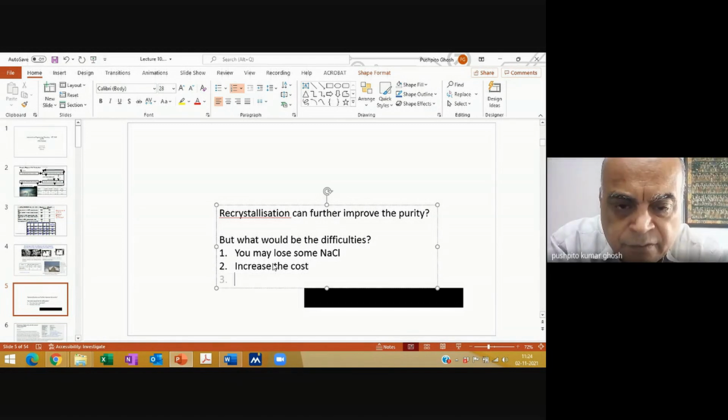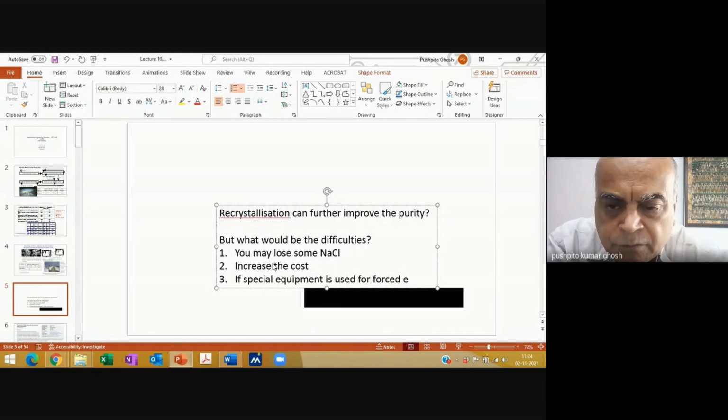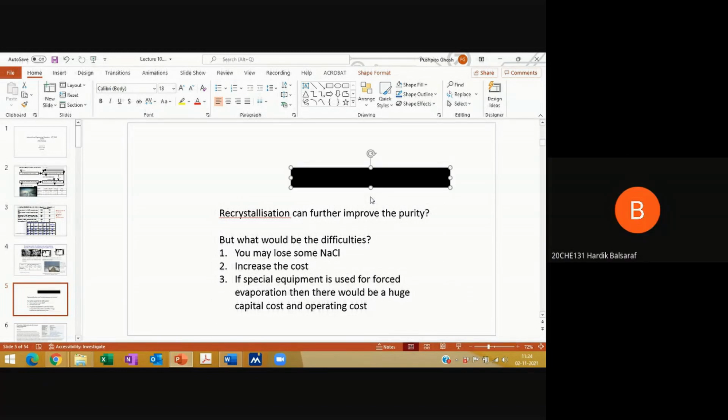If special equipment is used for forced evaporation, then there would be a huge capital cost and operating cost. Right? Yes, sir. Yeah.